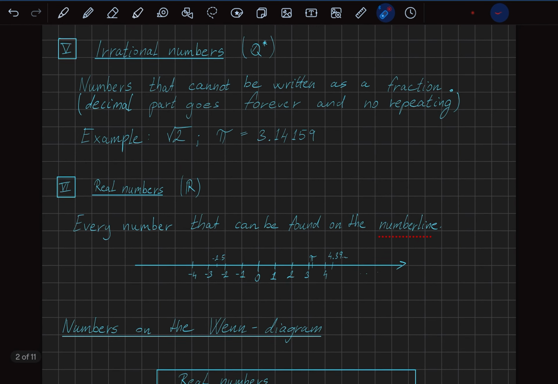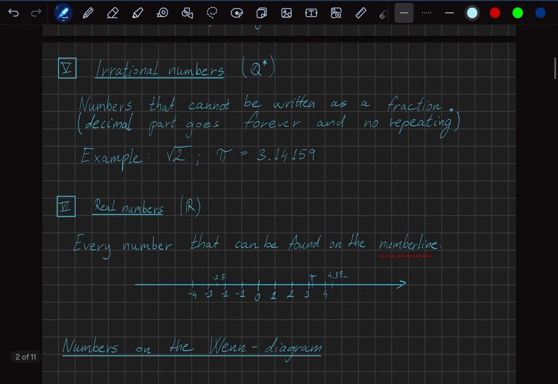Real numbers: every number that can be found on the number line. We can also write the rational and the irrational numbers together, which gives the real numbers.